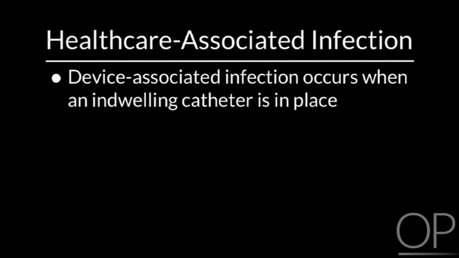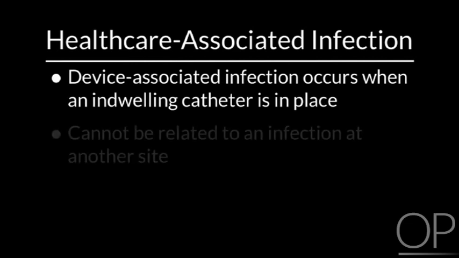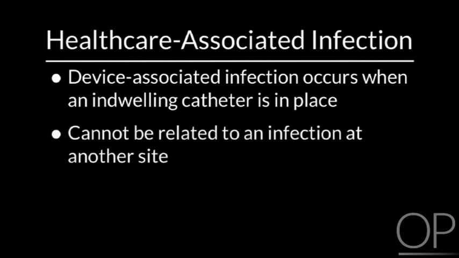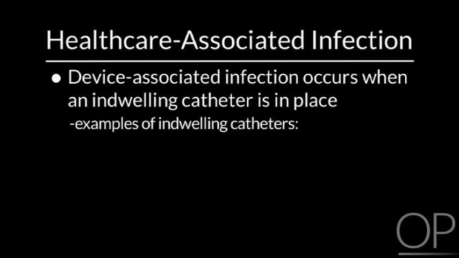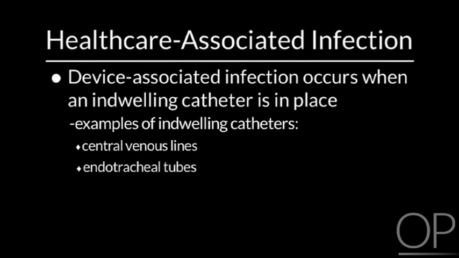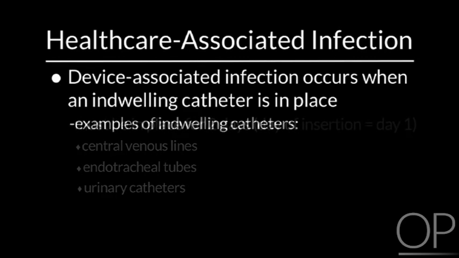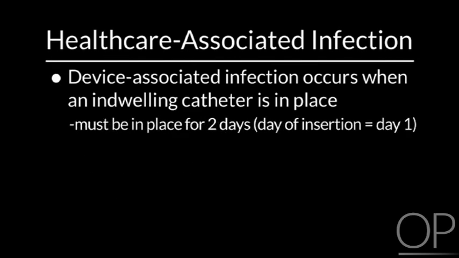The infection was not present at the time of the catheter placement, and it cannot be related to an infection at another site. Examples of indwelling catheters are central venous lines, endotracheal tubes, and urinary catheters. The device must be in place for 2 days, with the day of insertion being day 1, for an infection to be considered device-associated.